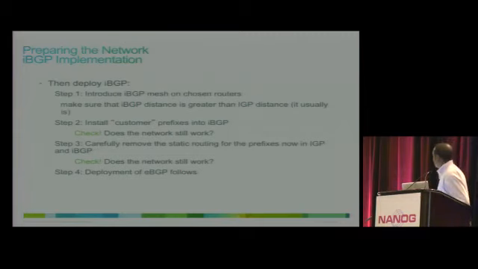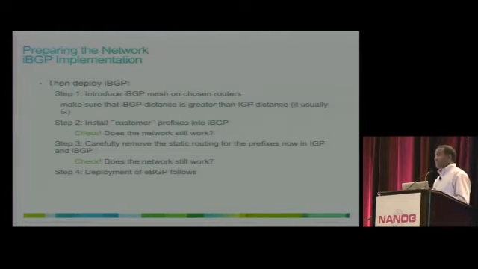Another important thing is you have to make sure that IBGP distance is greater than IGP distance. Distance is a preference in terms of routing protocol, which protocol to be used when deciding that if a prefix is received from two different protocols or multiple protocols, then the distance of the protocol determines which one is the best.